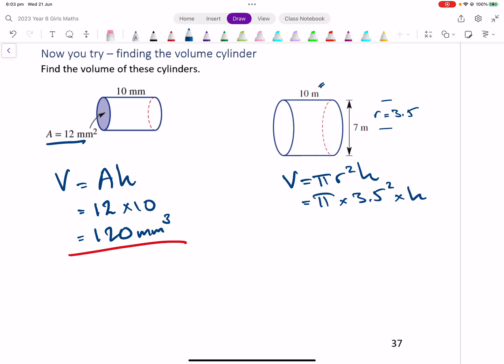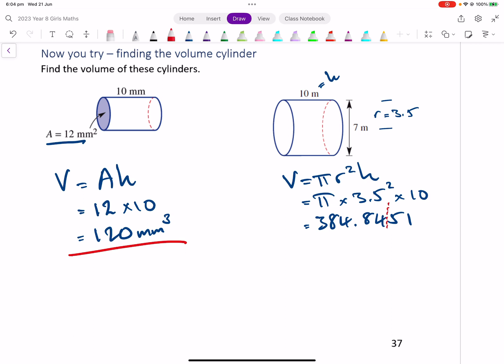Now, again, he's lying on his side, so that's why that horizontal distance is still h. Hey, Siri, what's pi times 3.5 times 3.5 times 10? 3.1415 times 3.5 times 3.5 times 10 is approximately 384.8451.